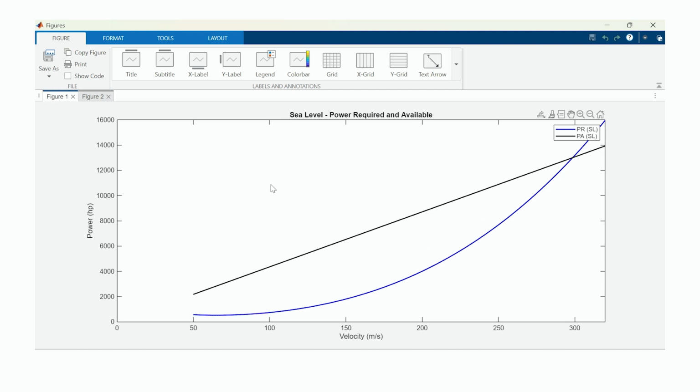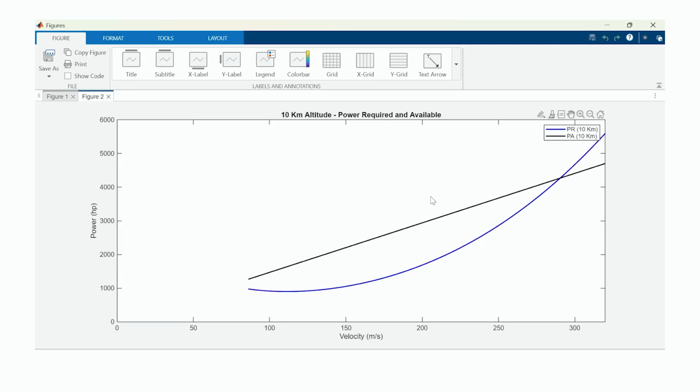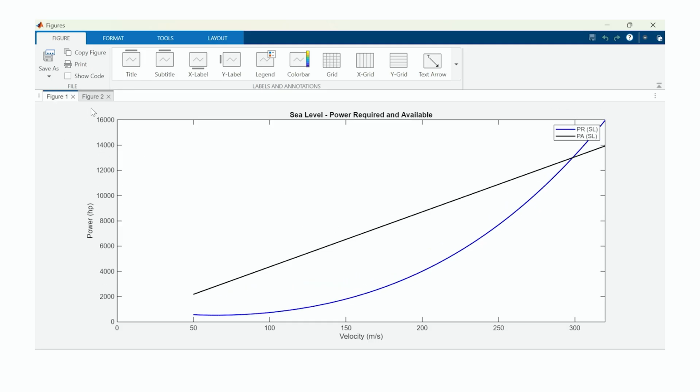Similarly, you can plot power required and power available for a piston engine propeller aircraft. There we have power available equal to eta times P, so the shaft brake power and the propeller efficiency need to be known. Then you can easily plot power available and power required at sea level and at any different altitude. All right, so with this we are covered with this section.